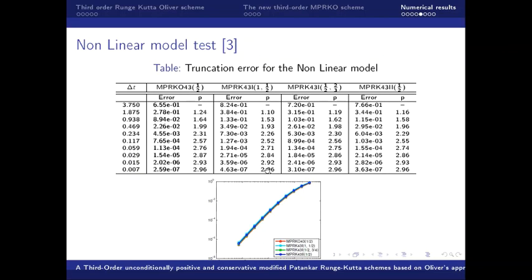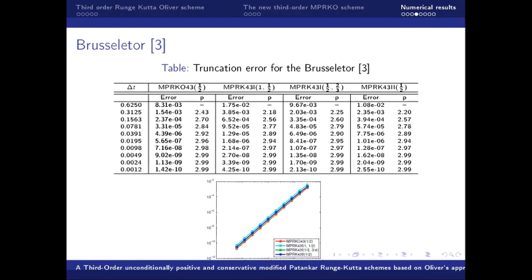So the Brusselator test case does not depend on time. It's autonomous, right? Yes, the Brusselator. So you can find some MPRK without the O, the original scheme, which produces the same result as your MPRKO scheme, I guess.